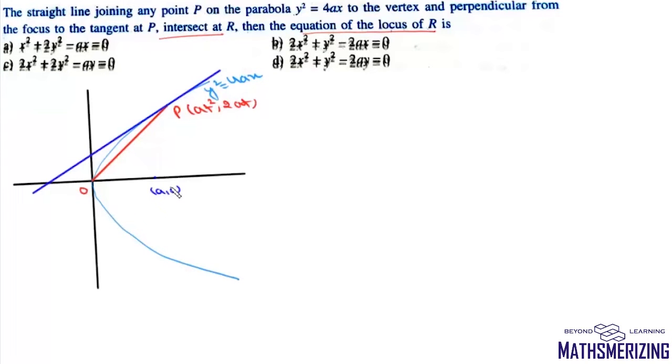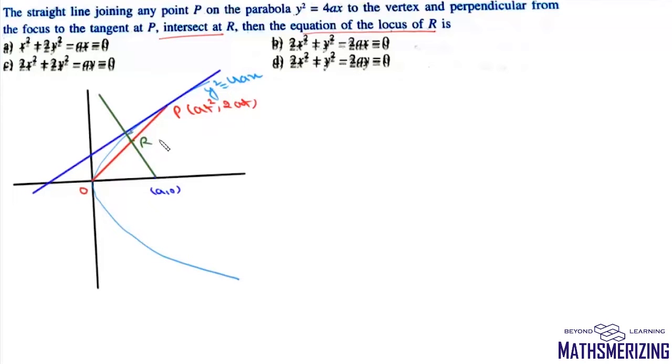So a line from focus and perpendicular to this tangent intersects at this point R. We need to find locus of this point R.